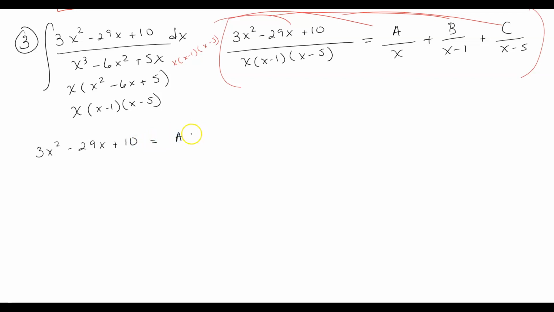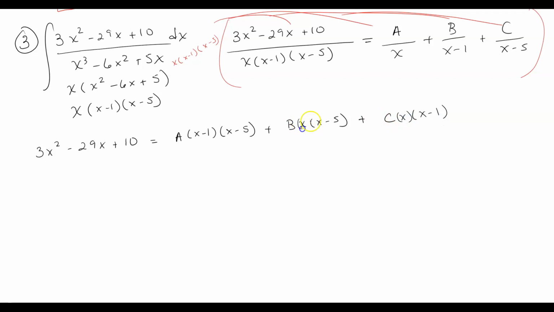So I'm going to be left with A times x minus 1 times x minus 5, plus, and in the next case, the x minus 1 factor eliminates. So we're left with B multiplied by x and x minus 5. And in the last case for C, we're going to eliminate the x minus 5, but we are still left with x and x minus 1 that we multiply by.